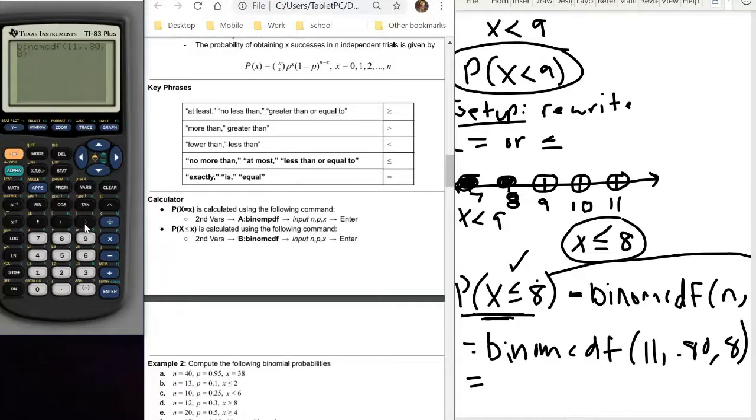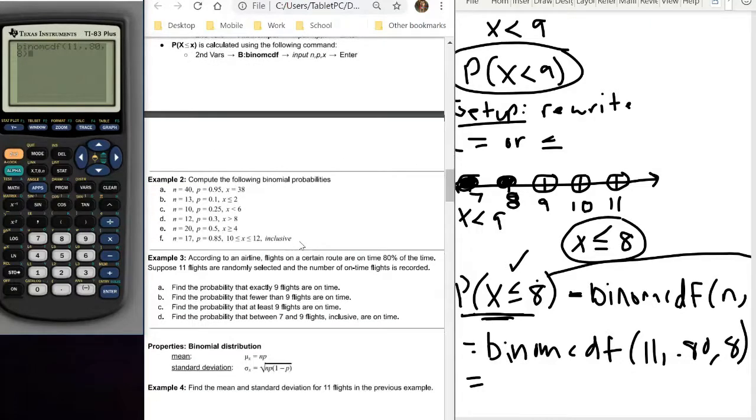So to find the probability that at least 9 flights are on time, the answer is 0.3825. Let's call it 0.383.